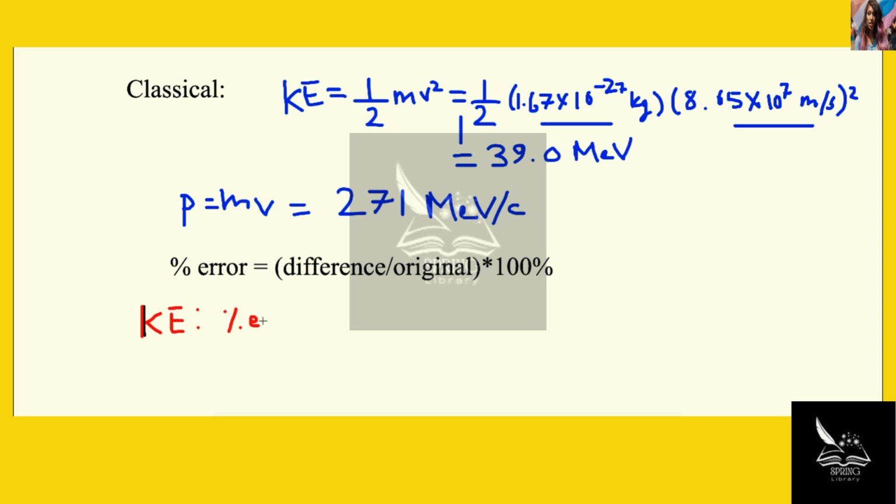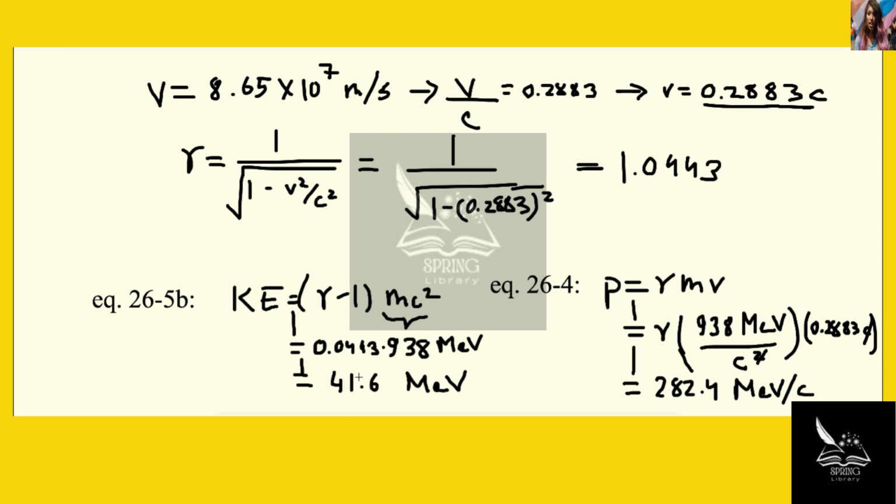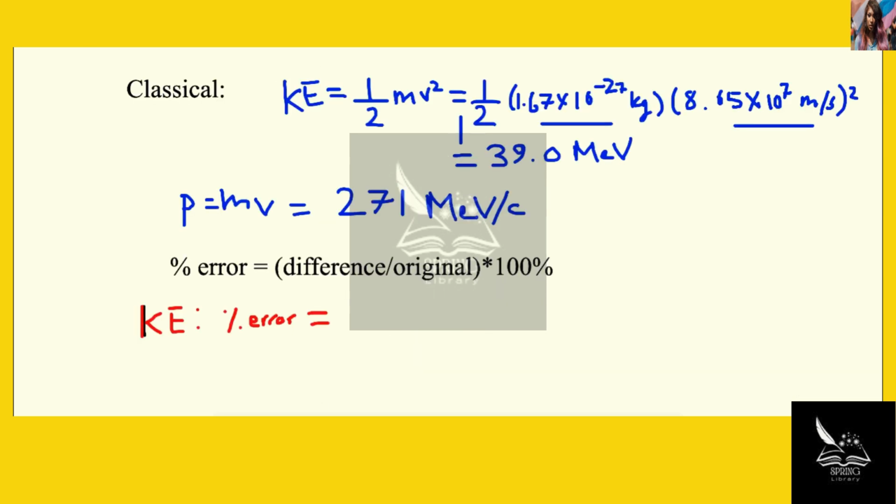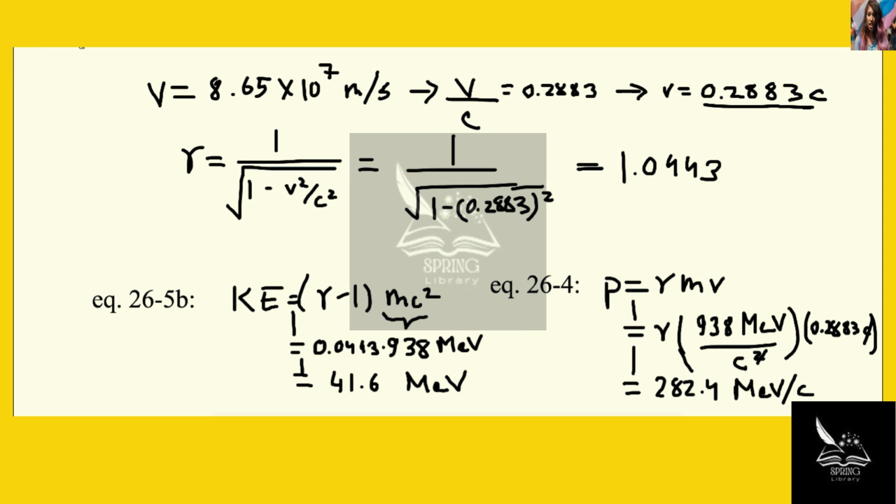percent error equals the relativistic minus the classical over the original, which would be the relativistic, times 100%, right?